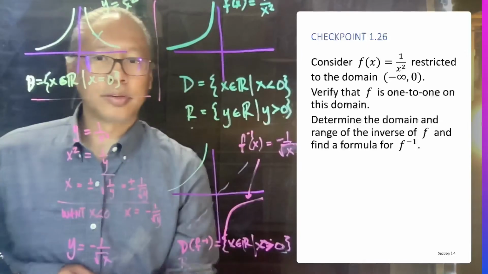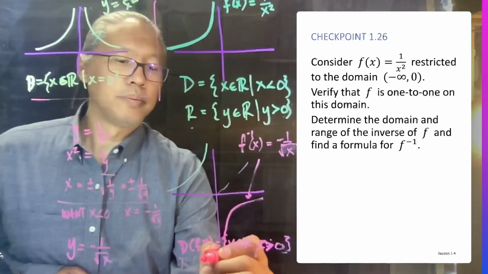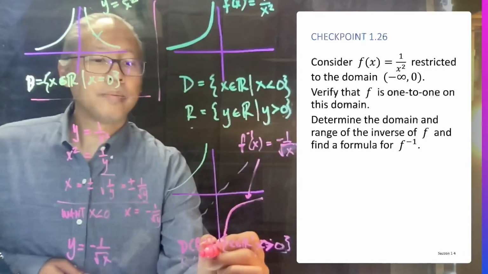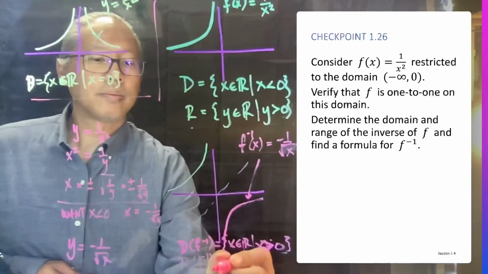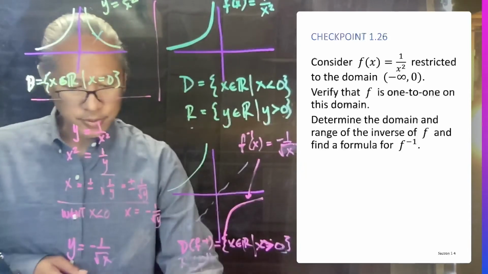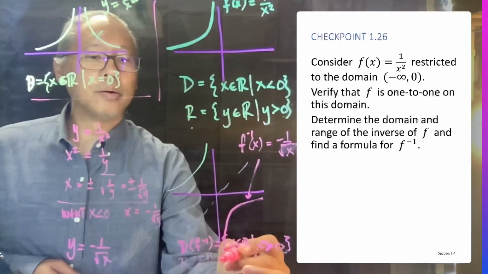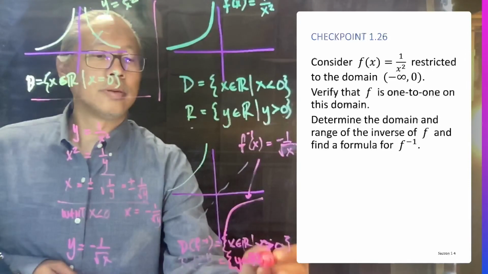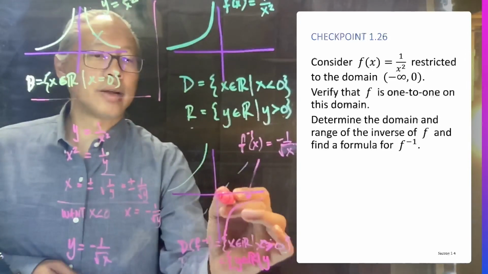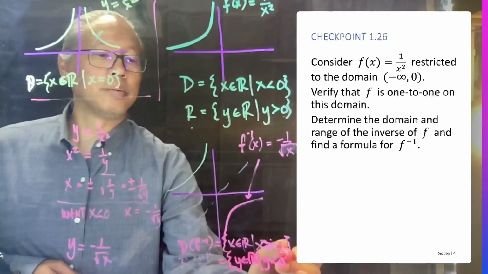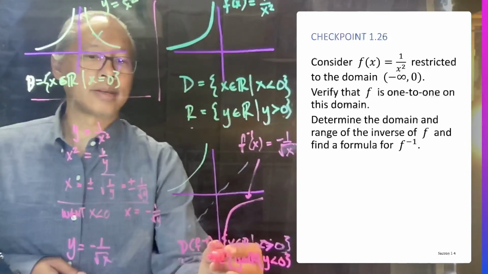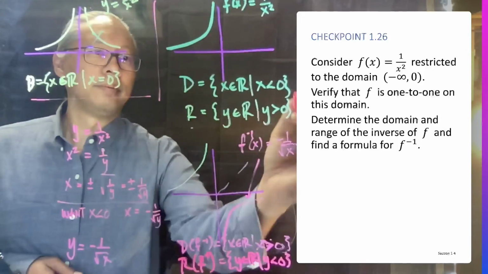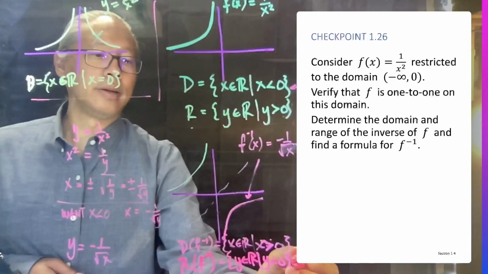And then the range of the inverse function will be equal to the set of all y values such that y is less than 0, because looking at the graph, it's below the x-axis, and you can also look at the original function, and that was the domain.